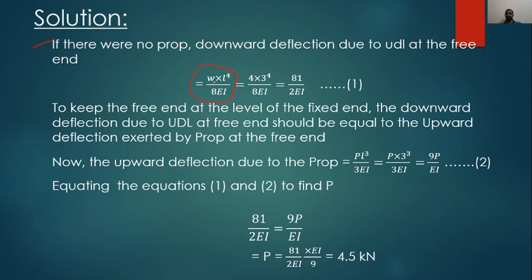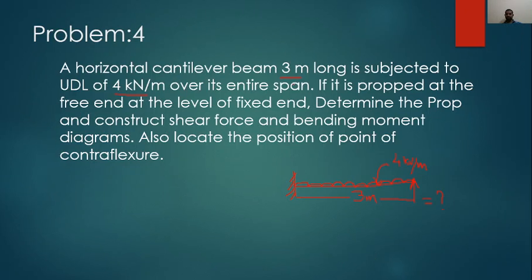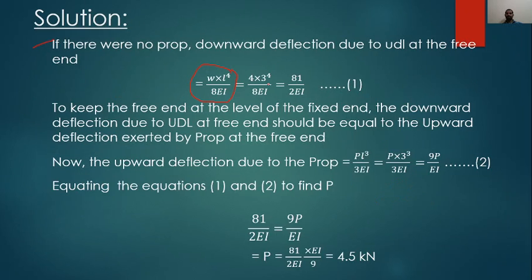W is nothing but the UDL, 4 kilonewton per meter, and L is the overall span, 3. So 4 into 3 power 4 by 8EI, and you can simplify it as 81 by 2EI. Let us say this is equation 1.